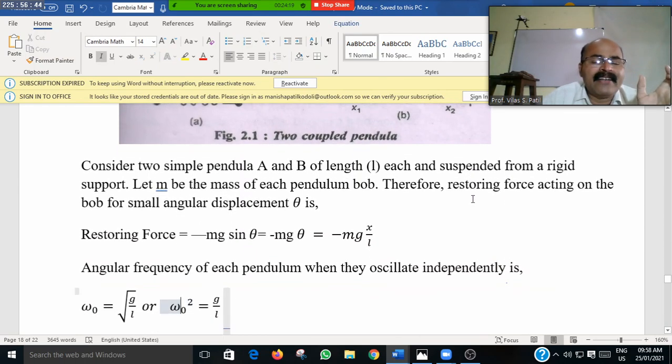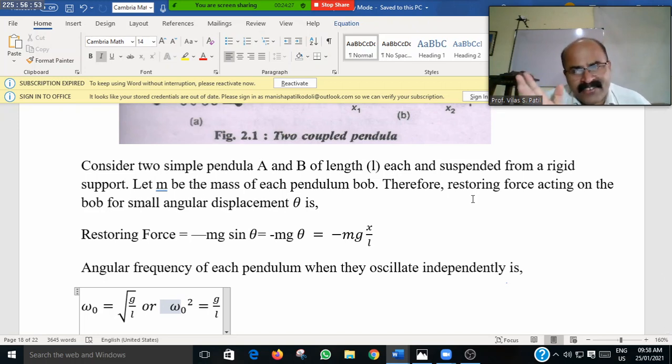Consider here the explanation. Consider two pendula A and B of length L. Each will be suspended from the rigid support. If m be the mass of each pendula, both pendula masses are the same.